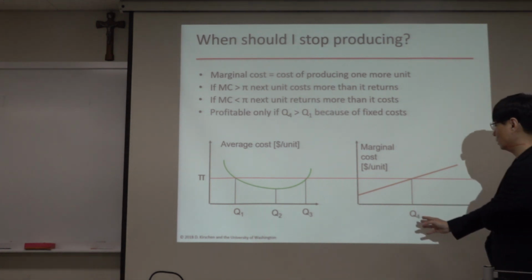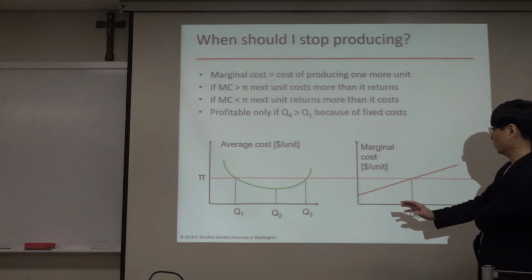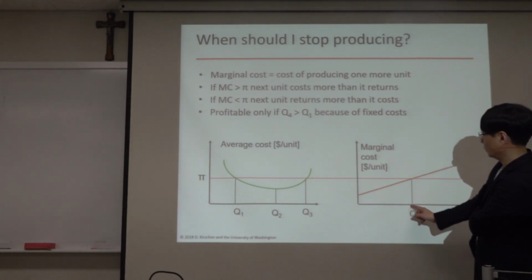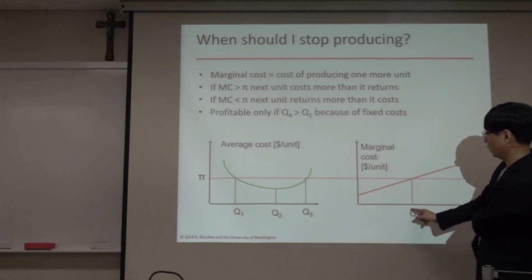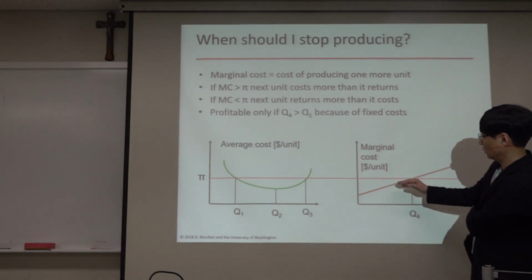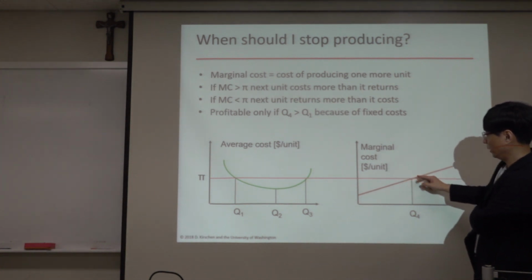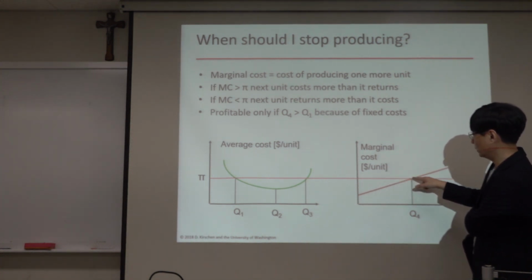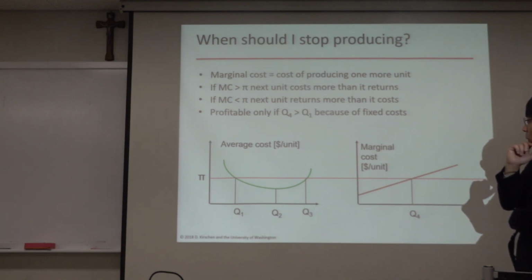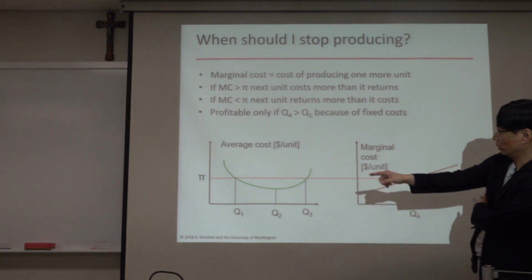So far we talked about we need to stop producing at Q4 because this is the price and this is the marginal cost. They intersect at this point. Then what is the relationship between Q4 and Q1?